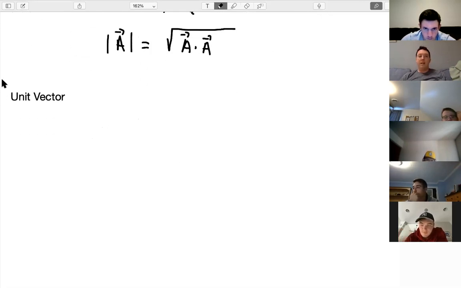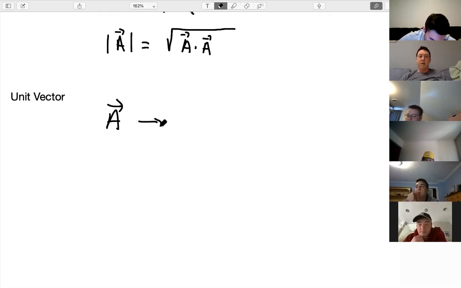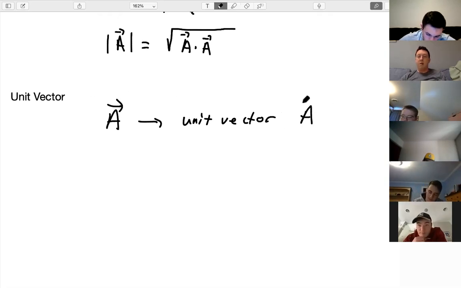One important thing is we can take any vector and turn it into a unit vector. If the original vector was A, I will call its corresponding unit vector A hat. Hat always refers to a unit vector.